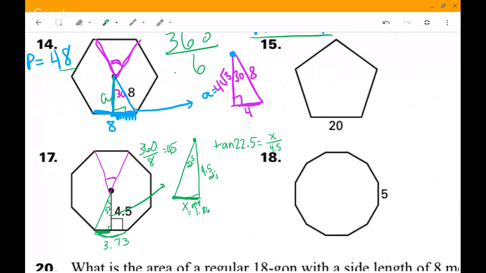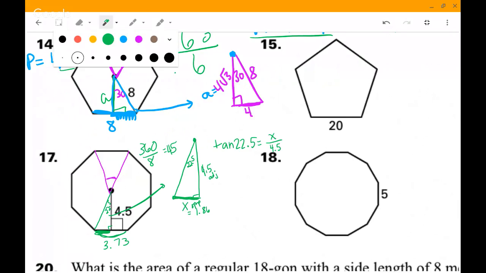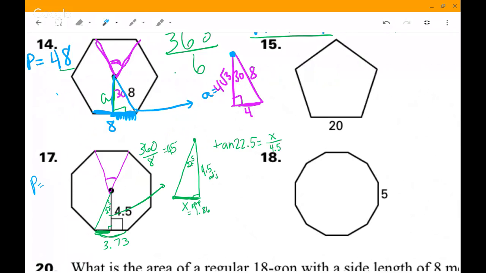Are you with me on that? Yes. Okay. So now we have our apothem because they told us that, and we have one side length. So to get the perimeter, what would you do? 3.73 times 8. And again, it's probably still sitting in your calculator, so that long decimal, you can just do times 8, because the later you wait to round, the more precise your answer will be.